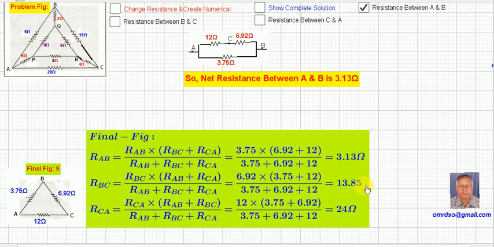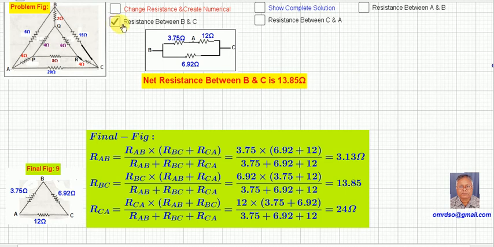For the resistance between AB, these are in series as shown here: 12 ohm and 6.92 ohm are in series, along with that 3.75 is in parallel. After solving this by this method, you will get this resistance. For RBC, you can see it: 3.75 and 12 ohm are in series, along with that 6.92 in parallel. After solving this, you will get 3.85 ohm.